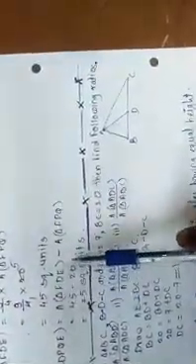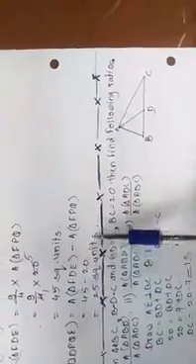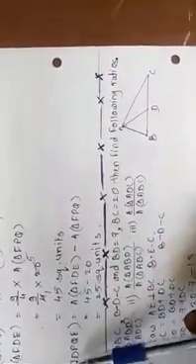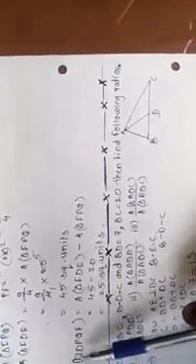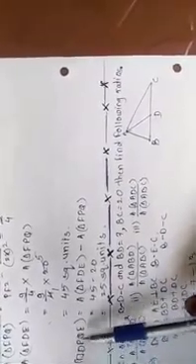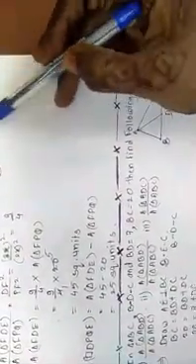Therefore, 45 minus 20 is equal to 25 square unit is the area of square DPQE. This is your 25 square unit.